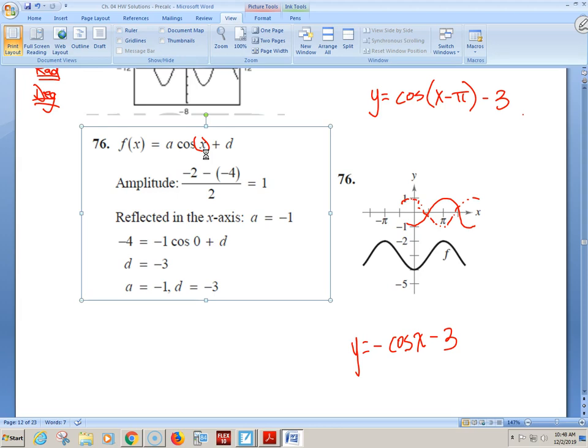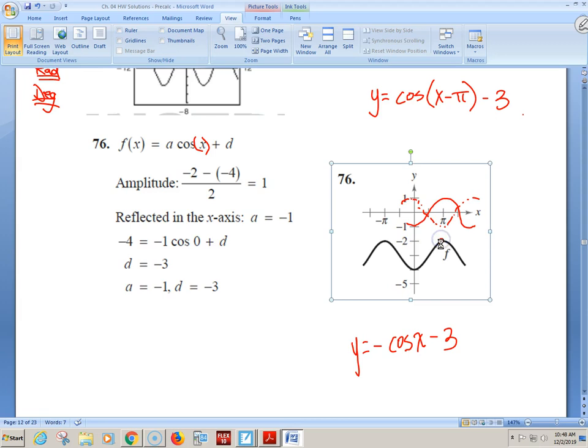Pi to the right, because it's opposite of what I think. So I would have started with this one, gone pi to the right, and then gone 1, 2, 3. Got it. So there are different ways of writing the exact same trig function, which is a little bit confusing until we get to chapter 5, but I don't think we're going to do that until after. Sadly. But that's okay.